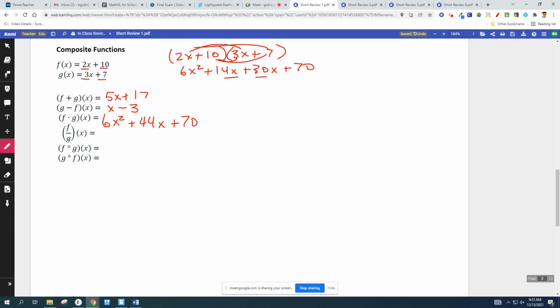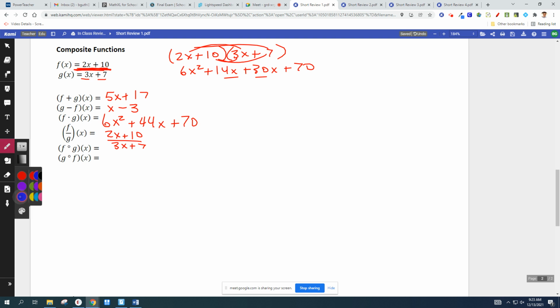Division is not very hard, f divided by g, because all you have to do is just say, let's divide. So we're going to take 2x plus 10 and divide by 3x plus 7. And sometimes maybe you could reduce, but not this time. That's just what it is.